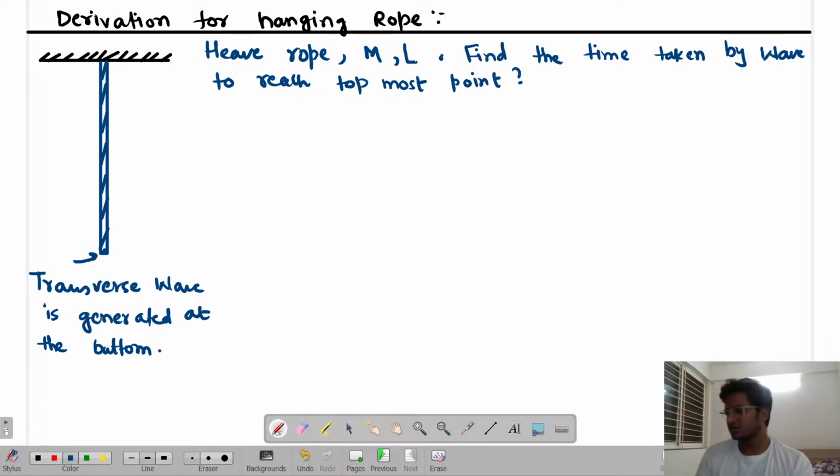We use this technique only for string waves, because in the pressure wave we will not get that kind of radial velocity. So that becomes a different case for solids and gases.